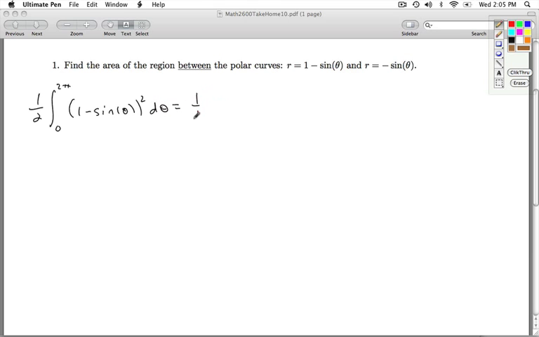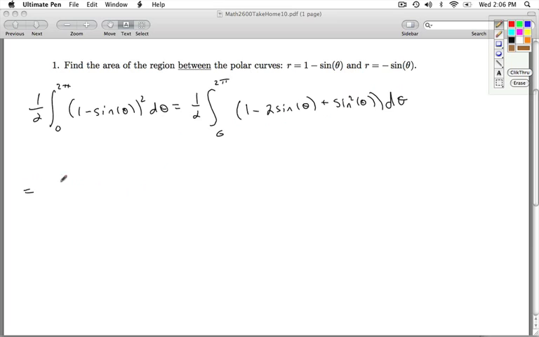The first thing I need to do is expand the inside there: 1 minus 2 sine theta plus sine squared theta d theta.